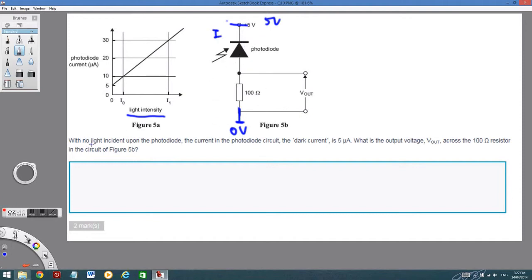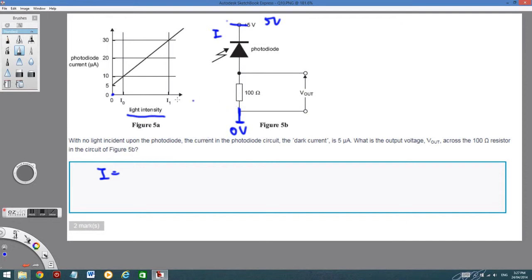And the question asks me, if there's no light shining on the photodiode, what's the output voltage of the resistor here? Then we go through our diagram. When the light intensity is 0, since this is a series circuit, the current doesn't split up.